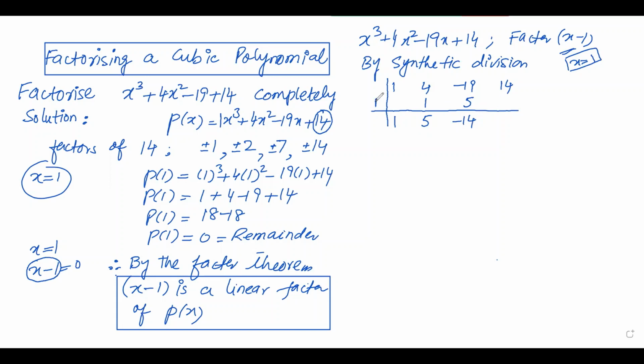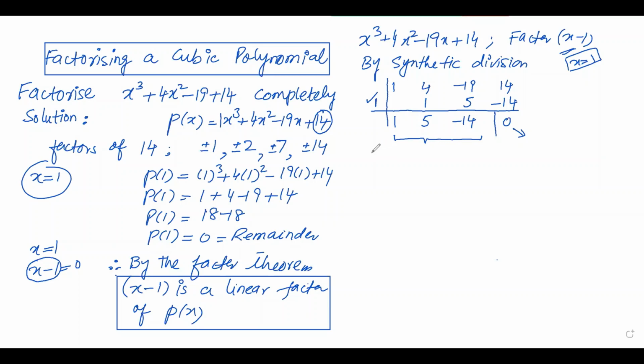And then minus 14 multiplied by 1 is minus 14. So this is 0. So remainder is 0, and from here you can get the quadratic factor of this polynomial. These are the coefficients of that quadratic factor.